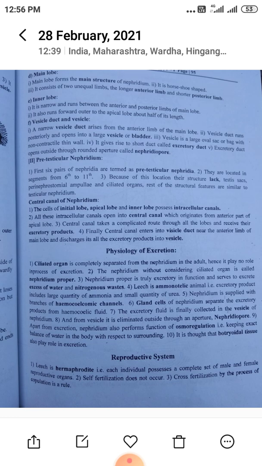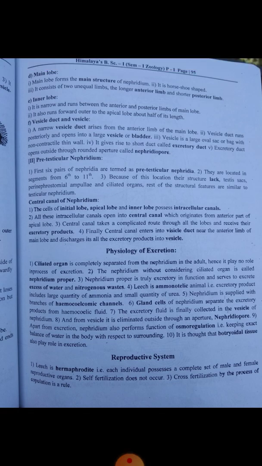The nephridium without the ciliated organ is called the nephridium proper. Nephridium proper is truly excretory in function and serves to excrete excess water and nitrogenous waste.